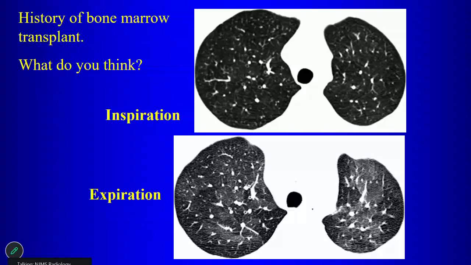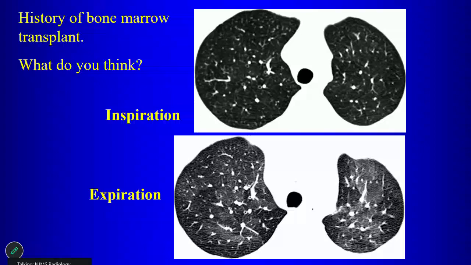Yeah, so this is graft versus host disease. So after bone marrow transplant, the bone marrow can attack the native lung. And when it attacks the native lung, it attacks the small airways, causing constrictive bronchiolitis, which then can manifest as air trapping. There's another type of transplant that can also manifest as constrictive bronchiolitis.